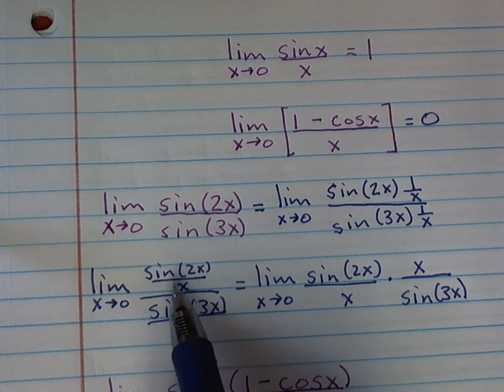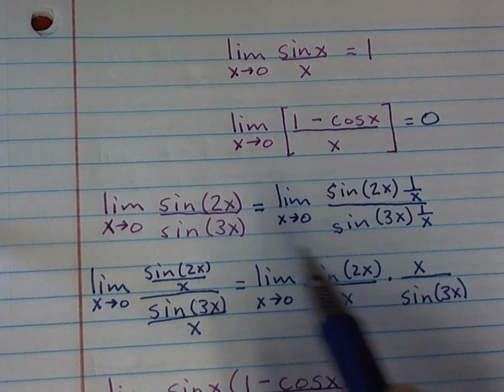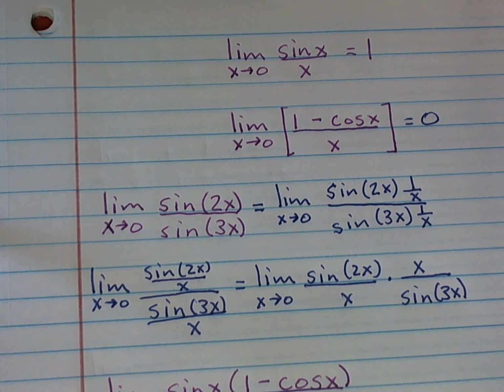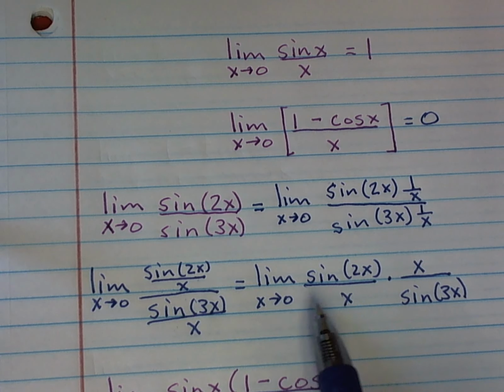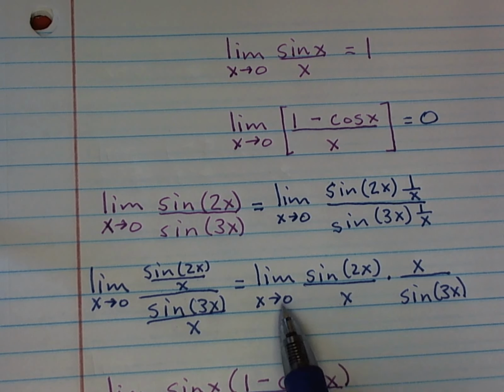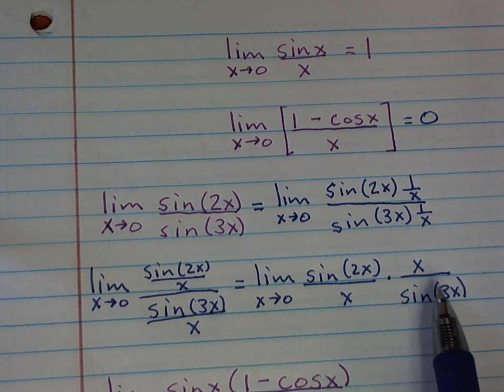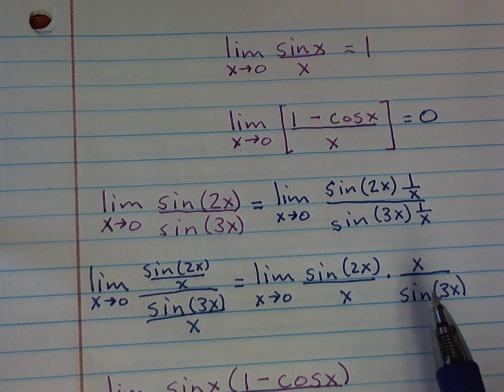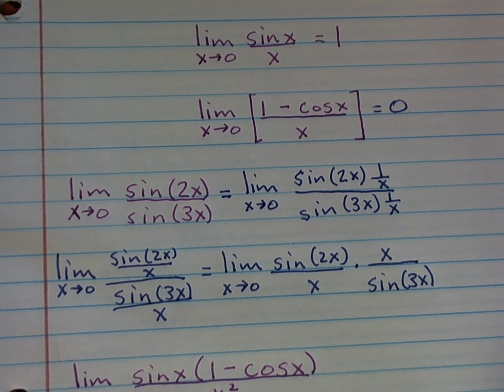I took this top over the bottom, and I just inverted and multiplied. That was just a little trick. So now, if I can figure out what this limit is and this limit, I'll just multiply them together. The limit of a product is the product of the limits. That's the situation I have here. So let's do this.